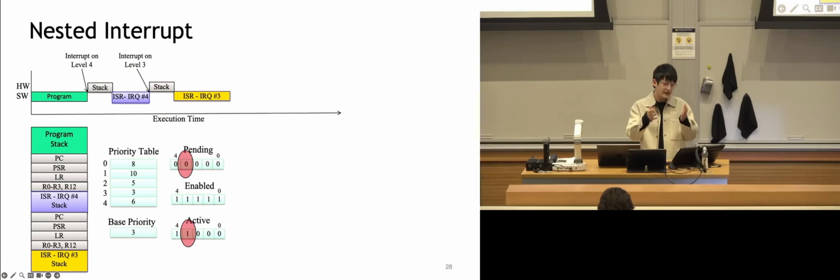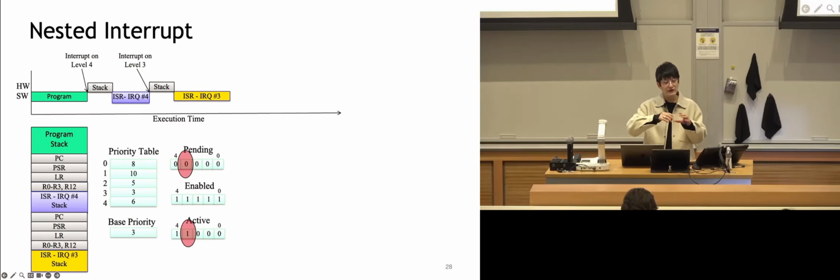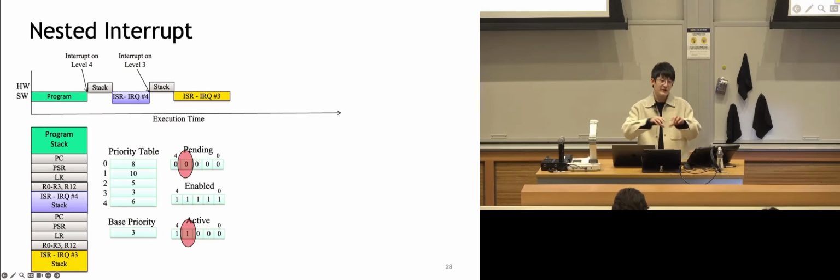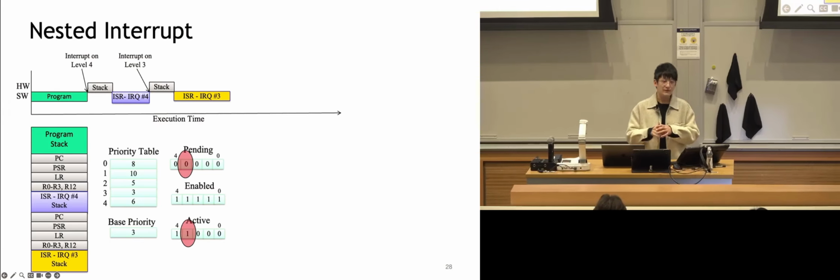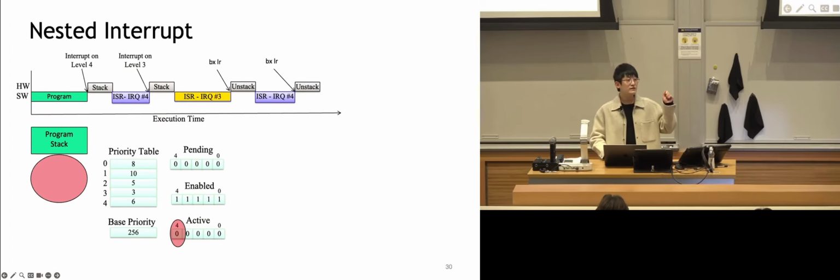If it happens during the stacking, it still preempts the lower priority interrupt, because that interrupt has not been executed yet. So the registers, like PC, link register, R0 to R3, are still clean. They haven't been used by this lower priority interrupt. Any other questions regarding this case?